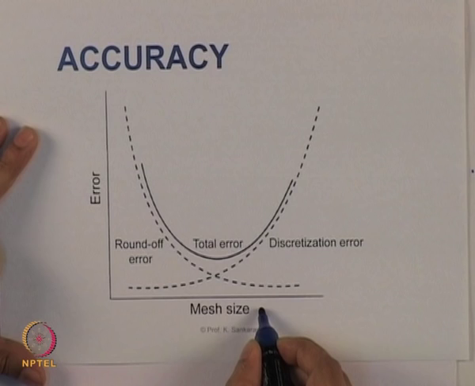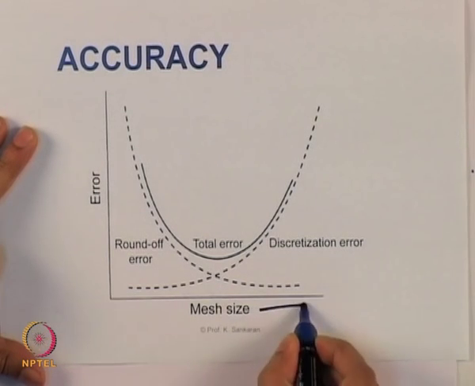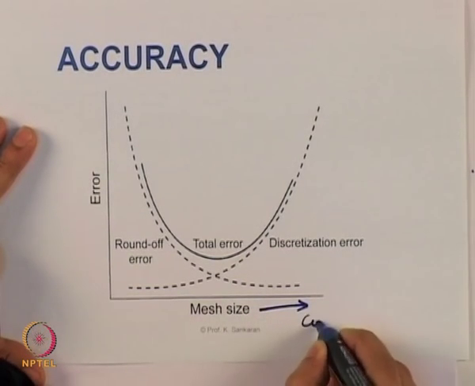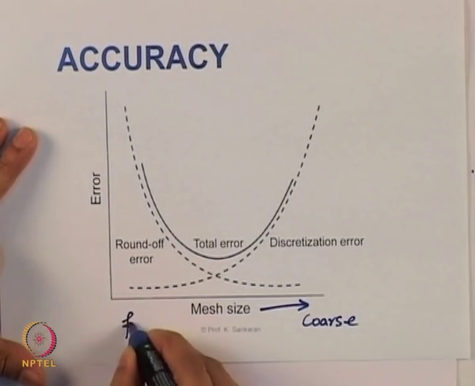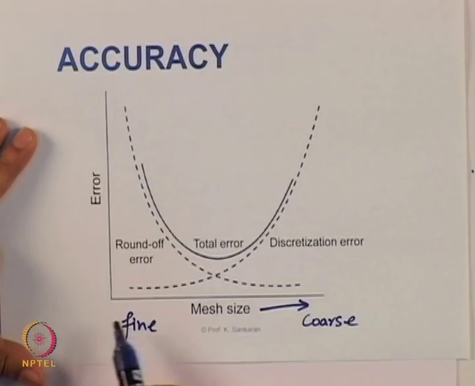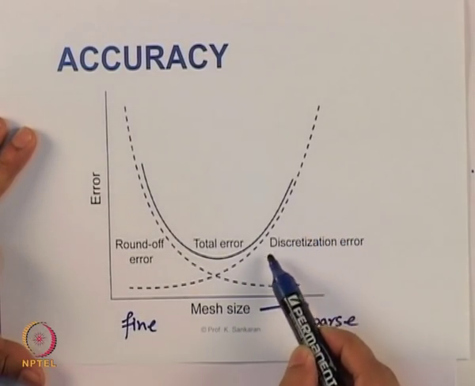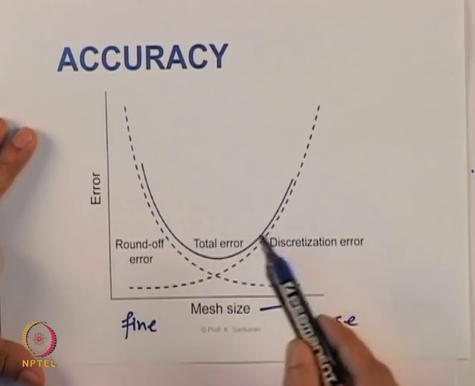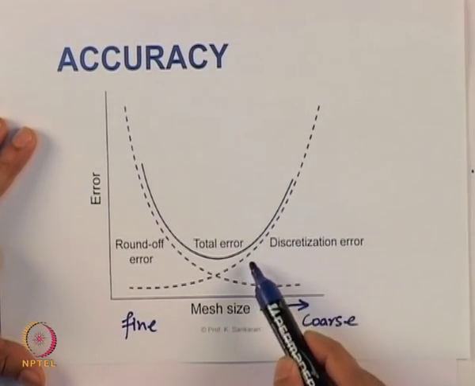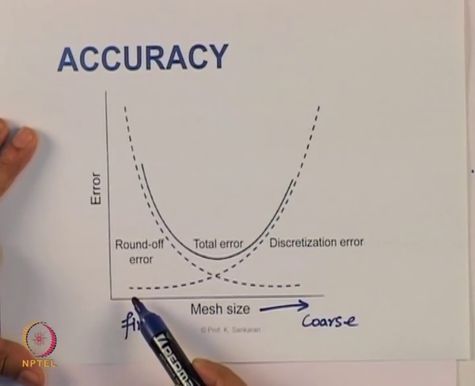So in this graph here we are going from a coarse mesh to a fine mesh. You see, when the mesh is becoming finer and finer, our discretization error is reducing, which is logical.